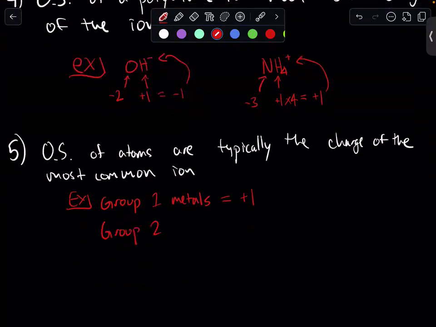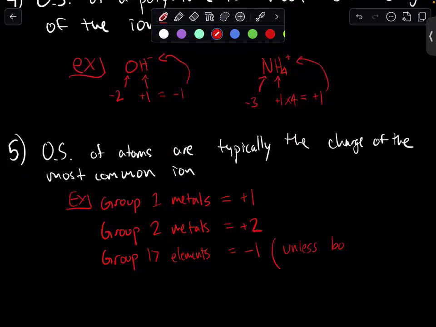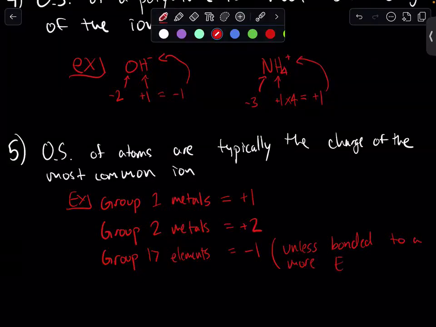Group 2 metals are almost always +2, and that is their most common ion. Group 17 elements are almost always going to be -1. There are some exceptions here. So this is unless bonded to a more electronegative element, such as fluorine. So if fluorine and chlorine are bonded to each other, fluorine will have the minus charge, chlorine will become positive.